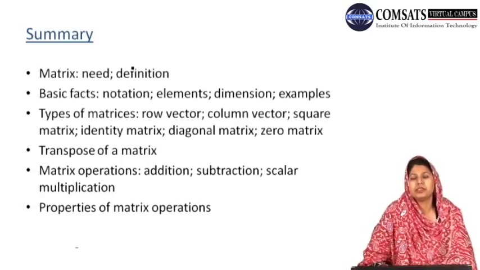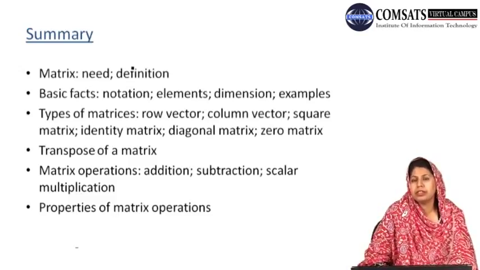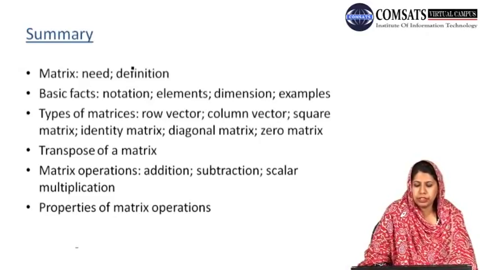What we have studied today: we have studied about matrices, why we need them and their proper definition, along with some examples of matrices. We have also studied the basic facts of matrices, which include the notation, what we mean by the elements of the matrices, dimension, and some examples to look at the dimension of a matrix.